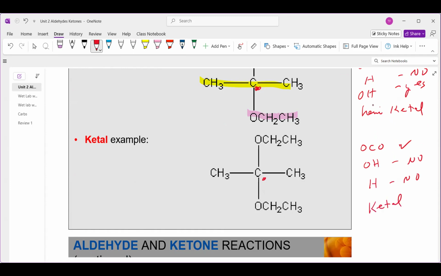Now, notice I didn't go into naming for these. Naming these isn't too bad, but the main molecule here is propane, 3-carbon propane. And you don't have to write this down. I just want to show you how IUPAC would name this. So it's based on propane.